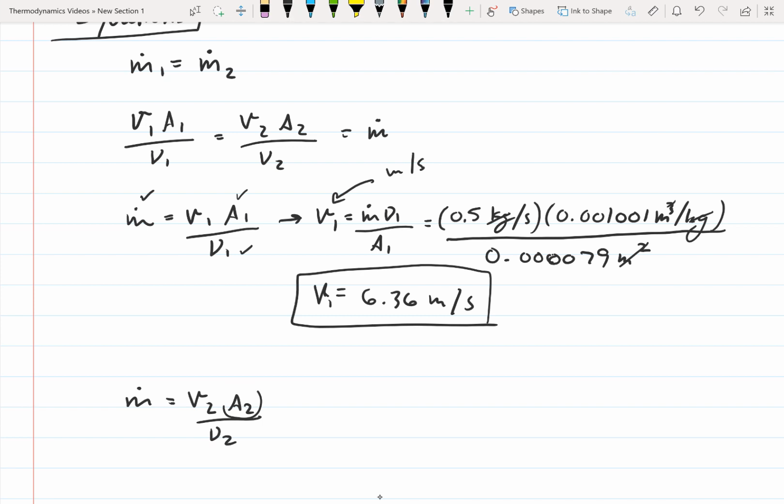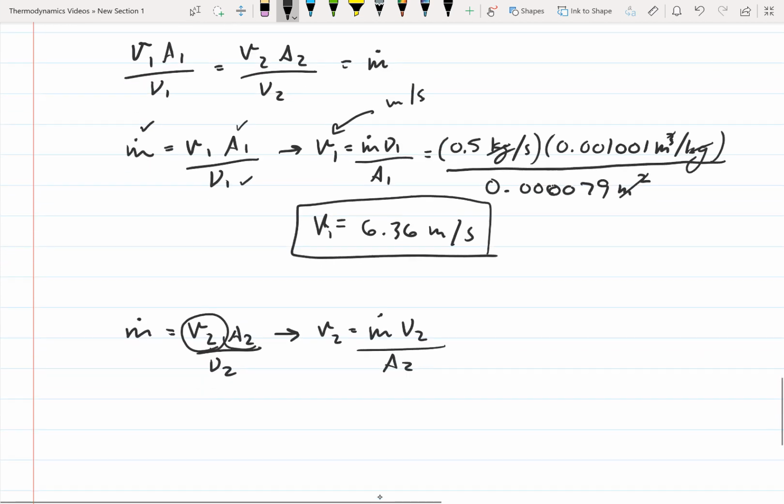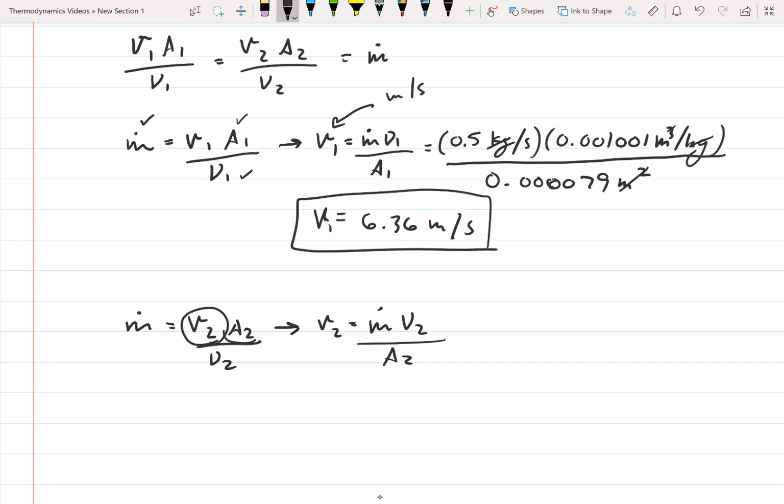We're looking for the velocity, so let's solve this equation for V2. V2 is equal to m dot times the specific volume over the area, basically the same thing we just solved for the velocity at the inlet.